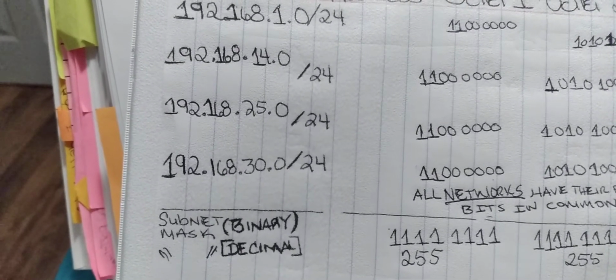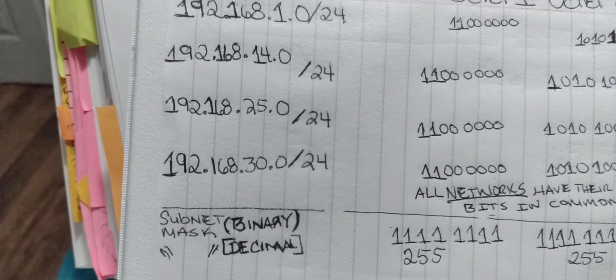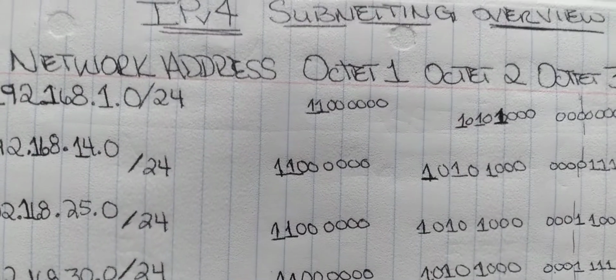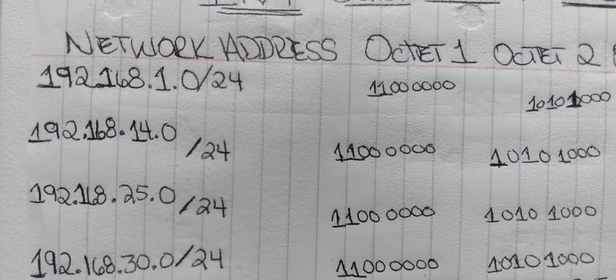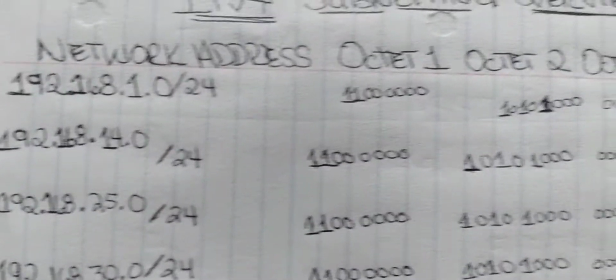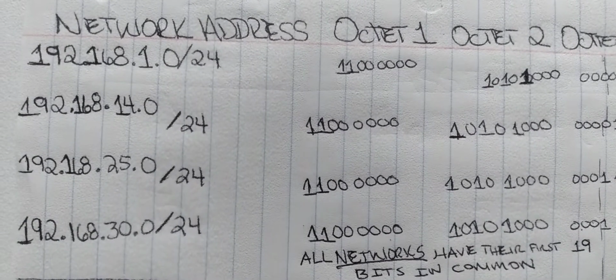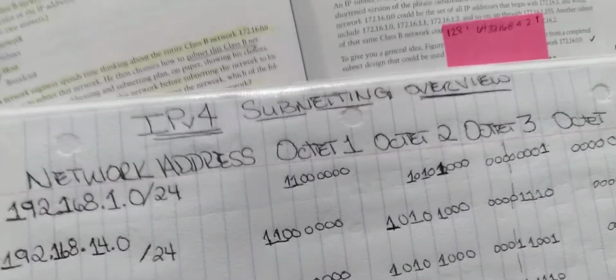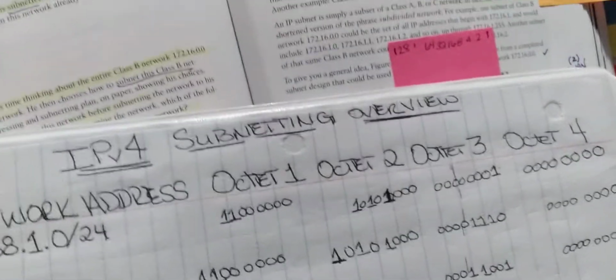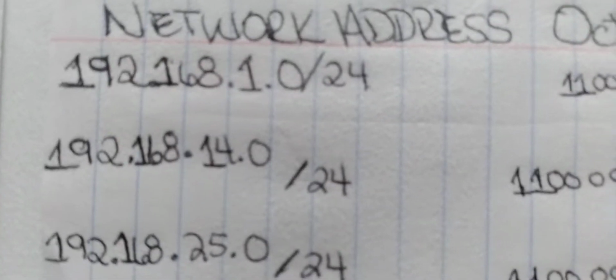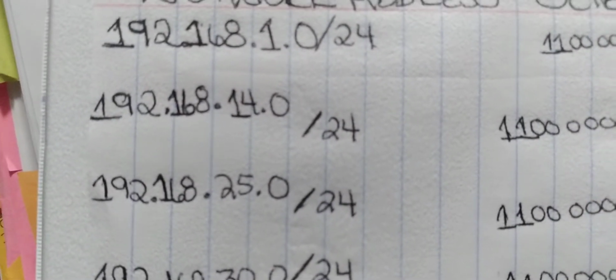if we look at this in binary, we know that the first octet is going to be the same: 192. The second octet is 168. And the third octet, we might have some bits in common, because the numbers are not the same.